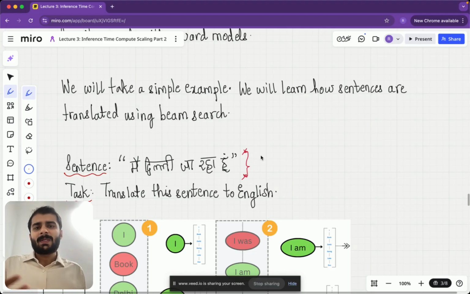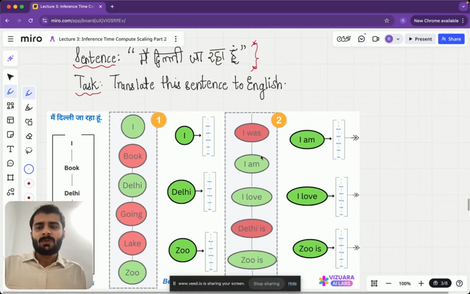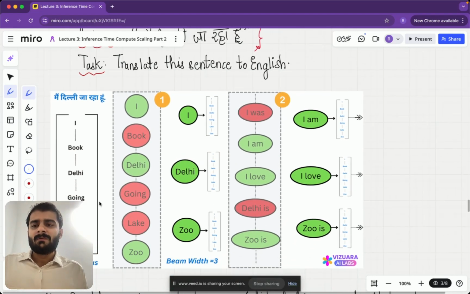And now I'm going to explain to you the beam search algorithm specifically applied to this task. So, firstly, we have this text corpus, which is, let's say, around 50,000 words. And we can only use these words in the translation task. We cannot use any other word when we are translating this sentence from Hindi to English.